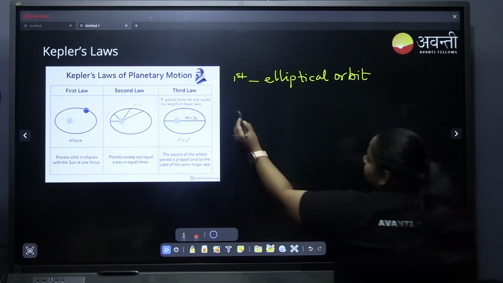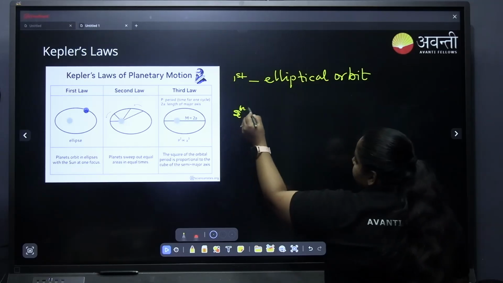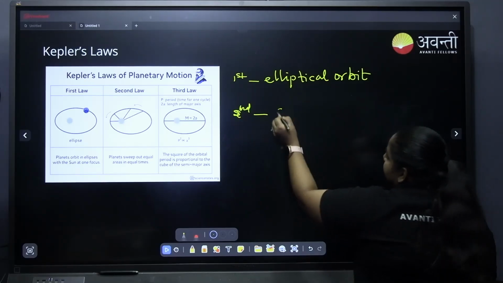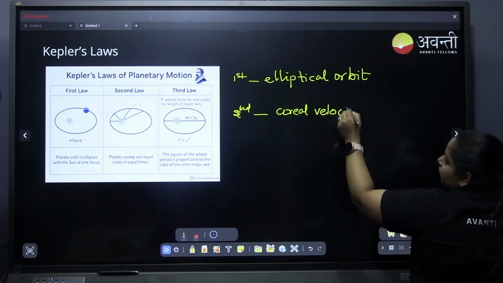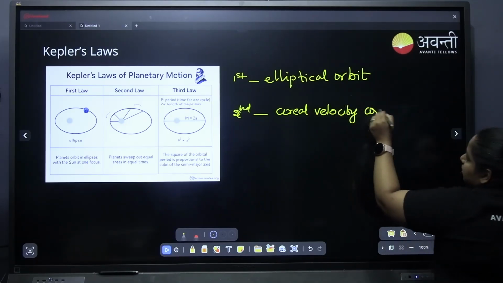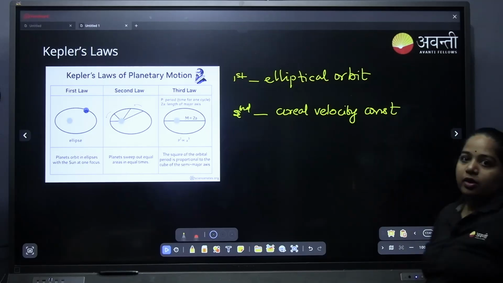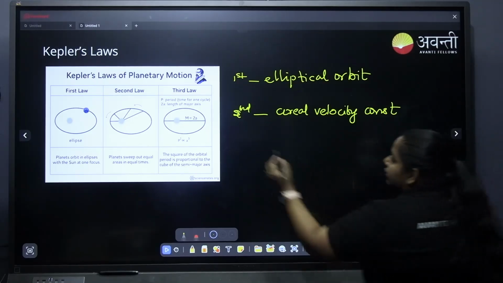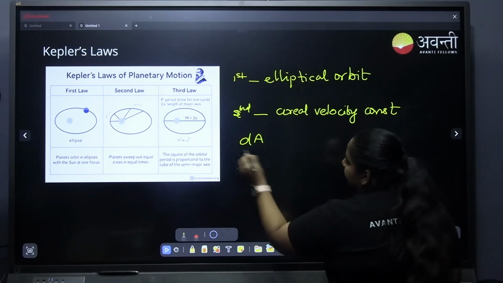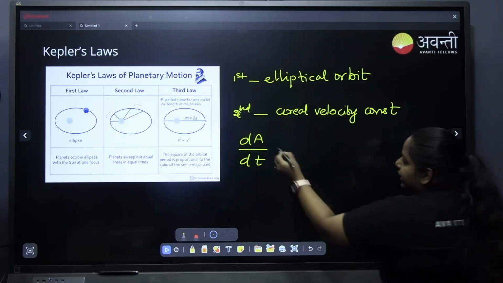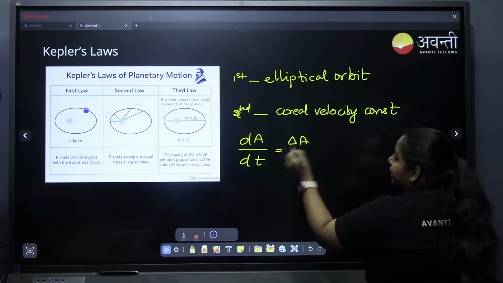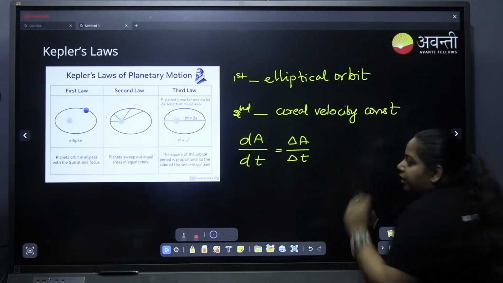Second law is areal velocity constant. Areal velocity is change in area by time, dA by dt or delta A by delta t, both are correct.